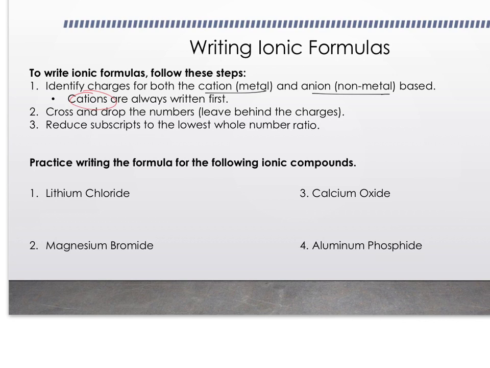Once we identify the charges, we will cross and drop the numbers, so we leave behind the charges, or assume the absolute value of the charge, so everything's going to be positive, and then we will reduce subscripts to the lowest whole number ratio. So writing the formula for the following ionic compounds, all these examples will have a metal and a nonmetal, and the metal will be written first.